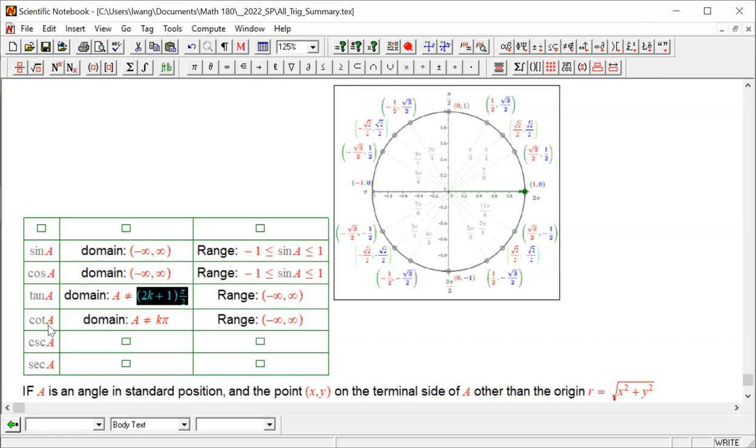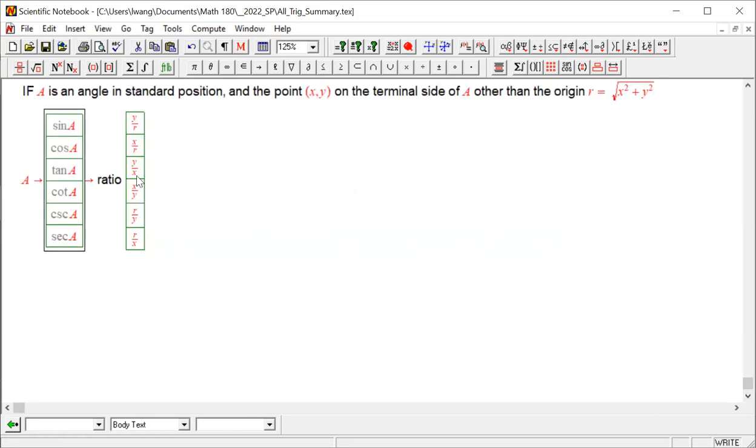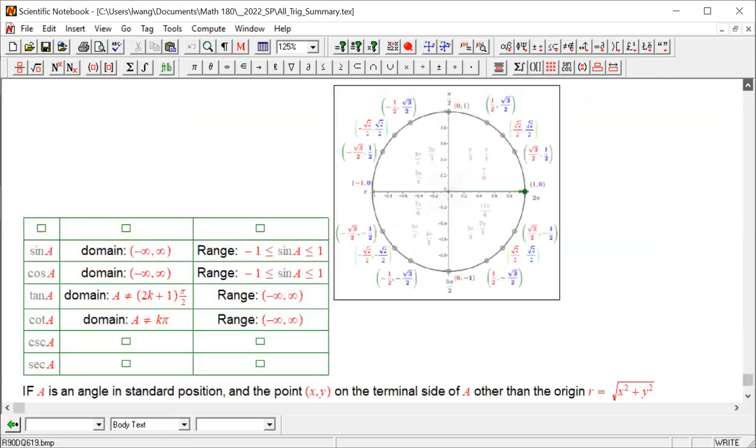For tangent is y over x, so x cannot be 0. Whatever makes x equal 0 would cause 0 as a denominator.